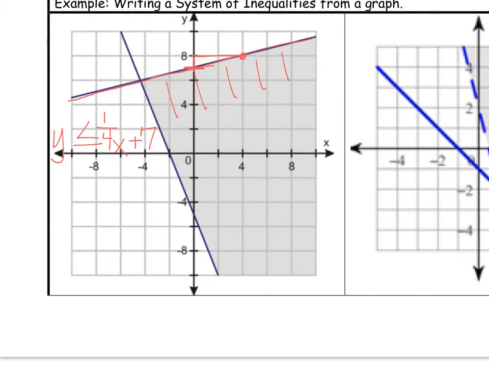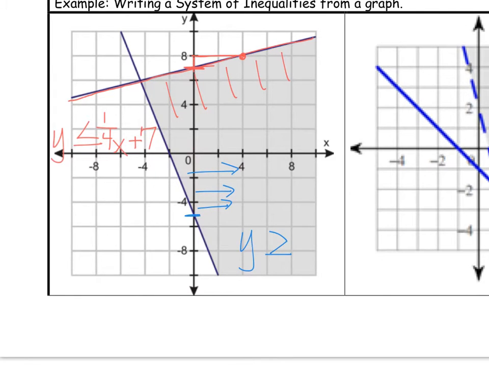So the inequality for the red boundary line is y is less than or equal to 1/4 x plus 7. The other boundary line, the blue one right here, again is a solid boundary line. So we know it's going to be y is either less than or equal to or greater than or equal to, and everything here is shaded above the line. So y is greater than or equal to.